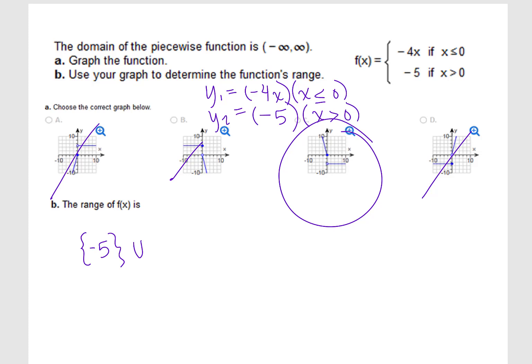So -5 union 0, including it, right? We see that the circle's filled in, so it's including 0 for that y, and then it just keeps going up and up and up, so to infinity. That is a tricky answer because it literally includes everything, right? The bracket, the parentheses, the set notation. So hopefully that makes sense to you.